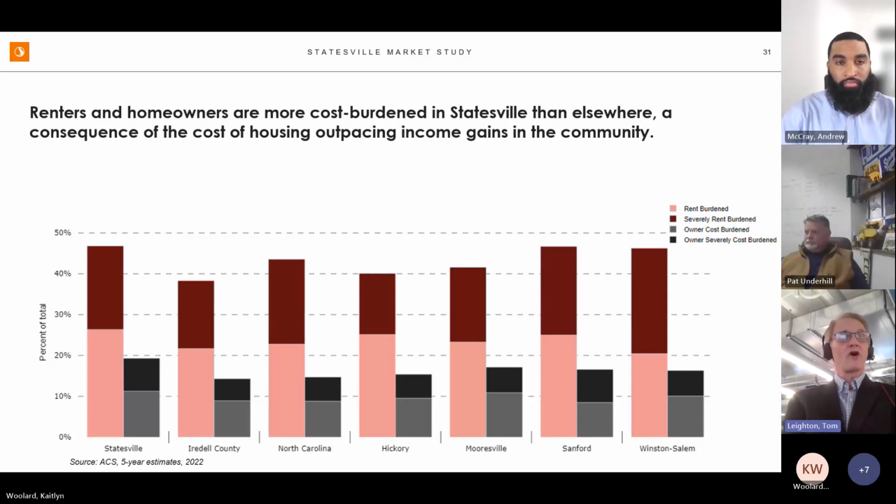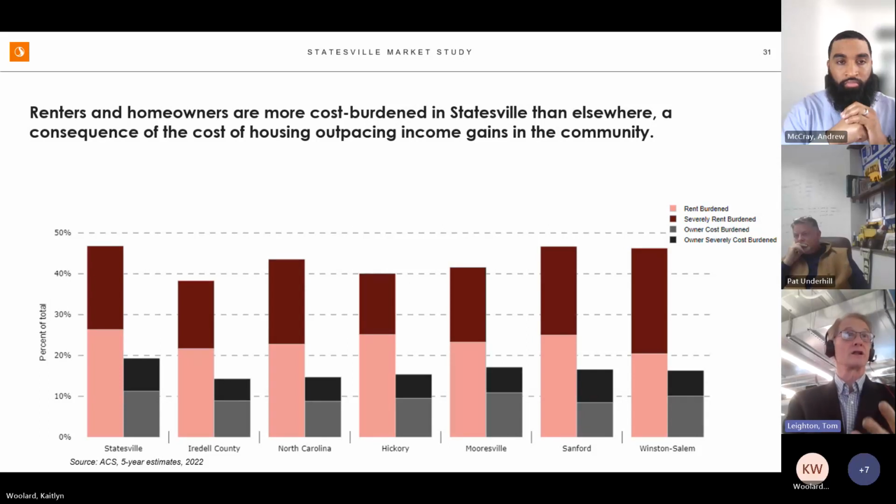This is important for understanding housing needs because this is a chart that shows the percentage of your renter households and the percentage of your owner households. The rusty bar and the gray to black bar are cost burdened. And cost burden means that that household is paying more than 30% of their income on their housing costs.